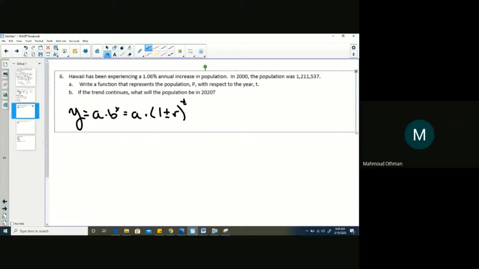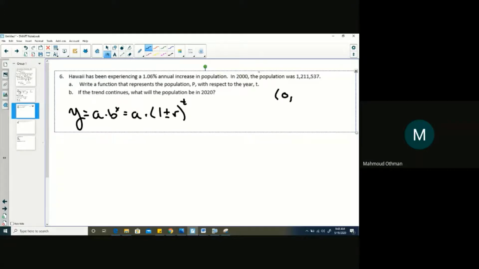Let's take a look. My starting value is 1,211,537. So I'd use that with 0 because that's your starting year.